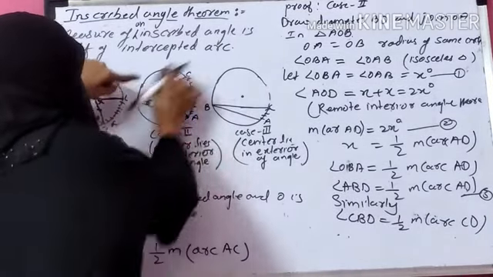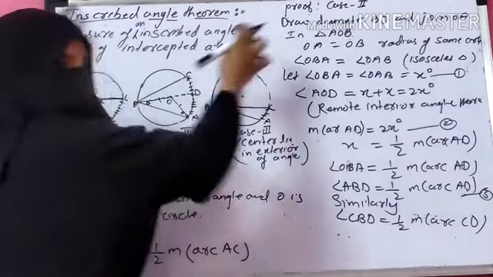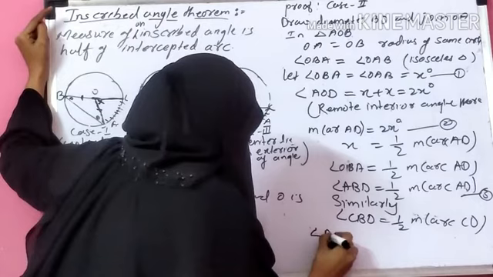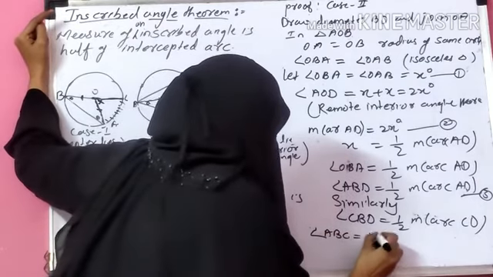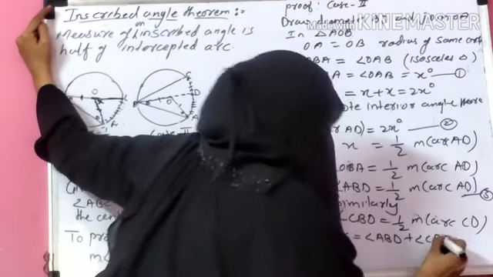Now to find angle ABC, angle ABC is the addition of angle ABD plus angle CBD.